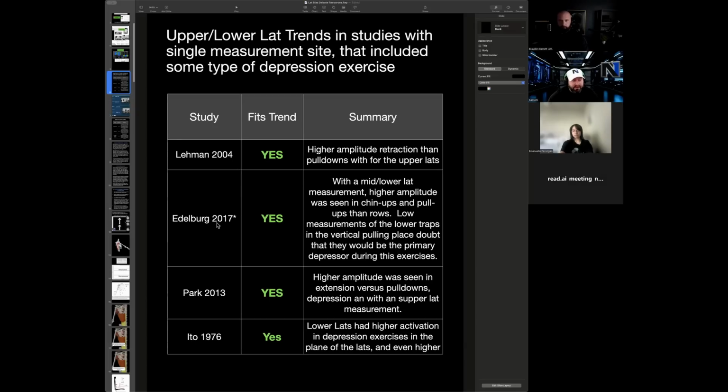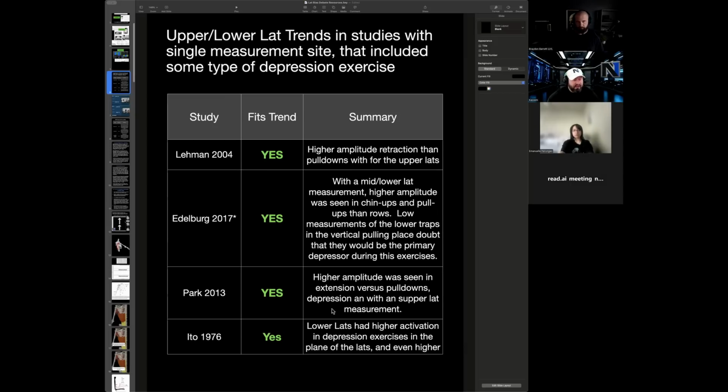In the Edelberg manuscript, they were a lot lower, I think 4 centimeters below. And they found that vertical pulling was then more prominent in terms of amplitude, particularly with pull ups. So that also trends.